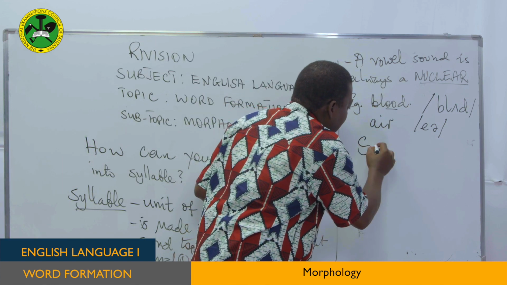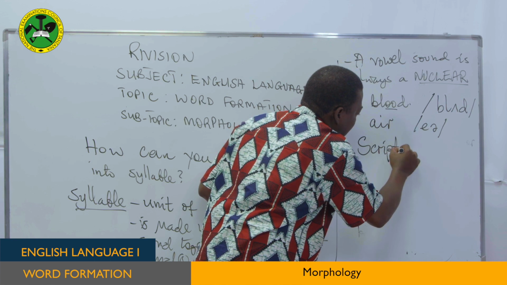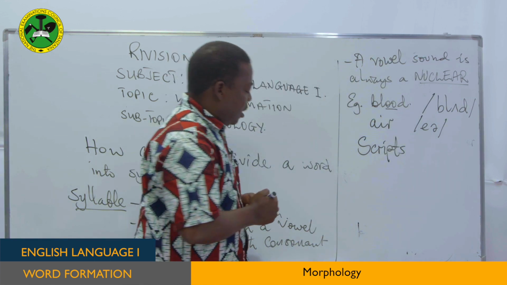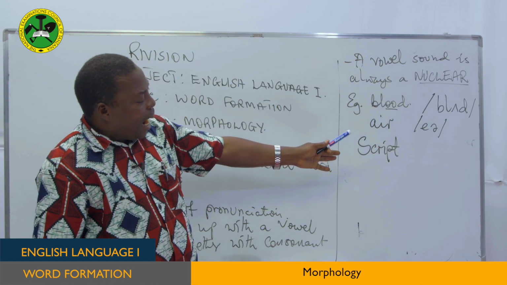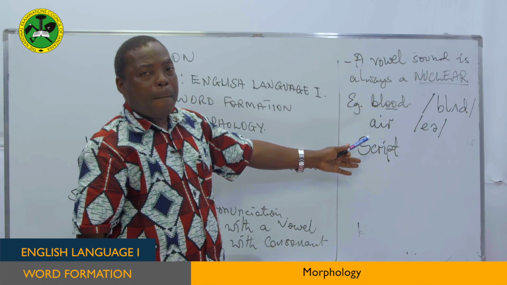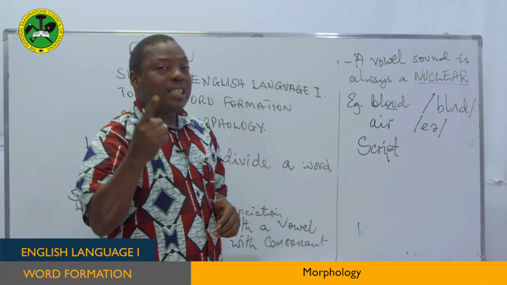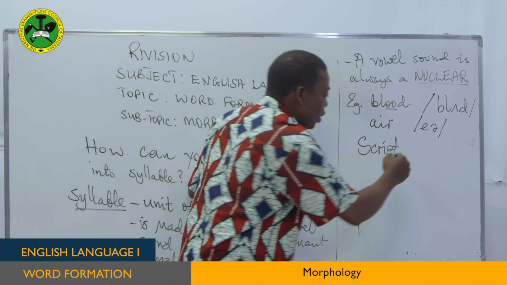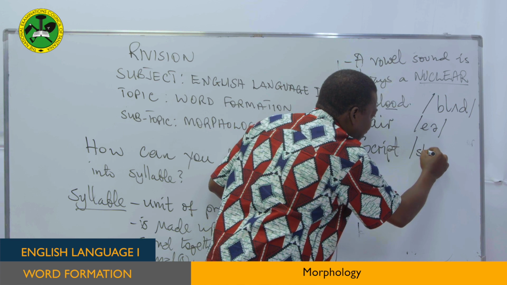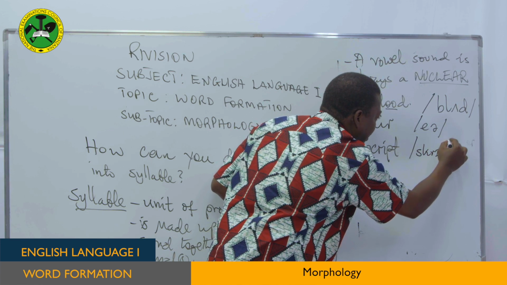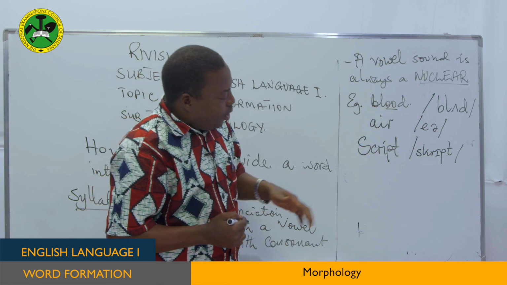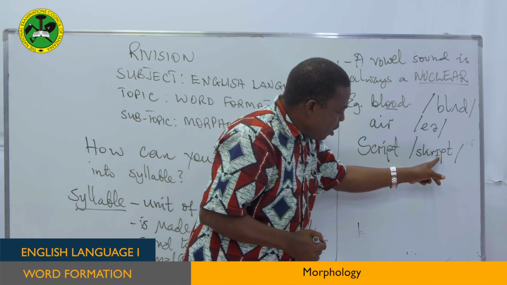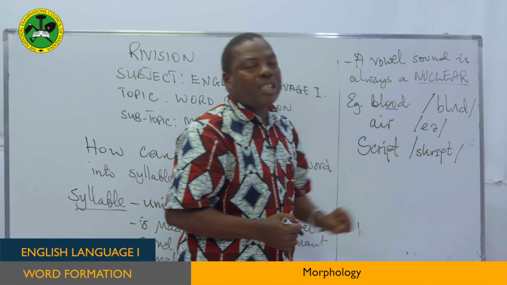Think about a word like script. How many syllables do you have there? Again, you have one syllable. If you pronounce this again, you'll find you end up with these sounds. When you look at all those, it's only E which is a vowel there.